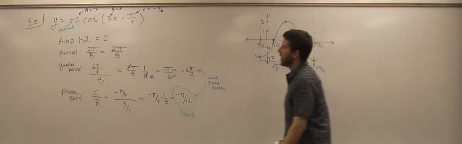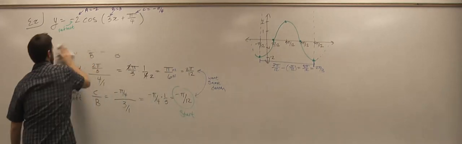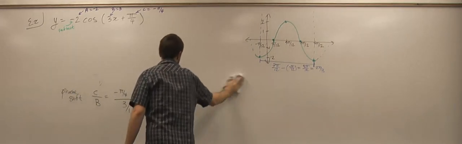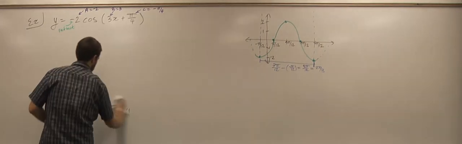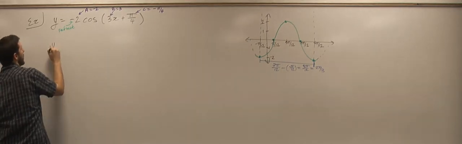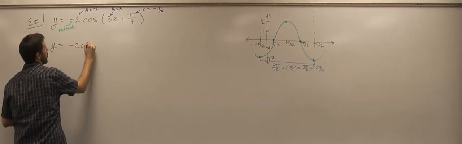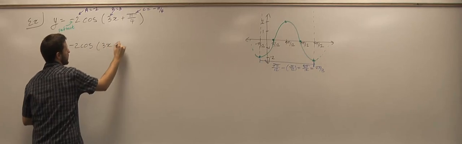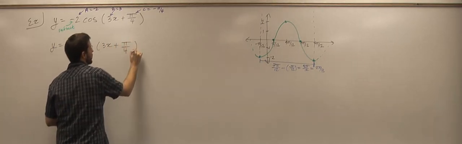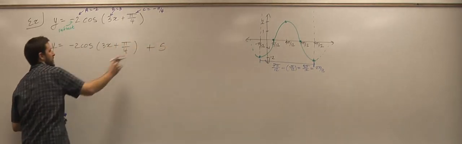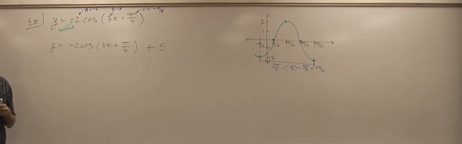What if I asked you to graph, instead of this equation, y equals negative 2 cos of 3x plus pi over 4, but then I put a plus 5 on the outside? That's a vertical shift.